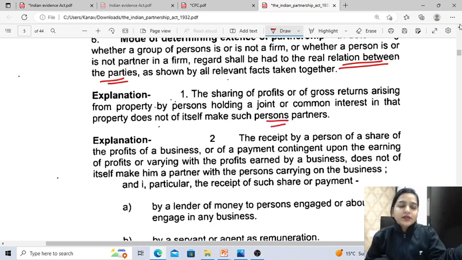So if anyone is an employee in the company and the company को कोई profit हो गया and the employee gets a bonus, so that does not mean that he becomes a partner in the firm. So what needs to be seen for determination? The real relation क्या है parties के बीच में, that will be seen. This is according to your section 6.